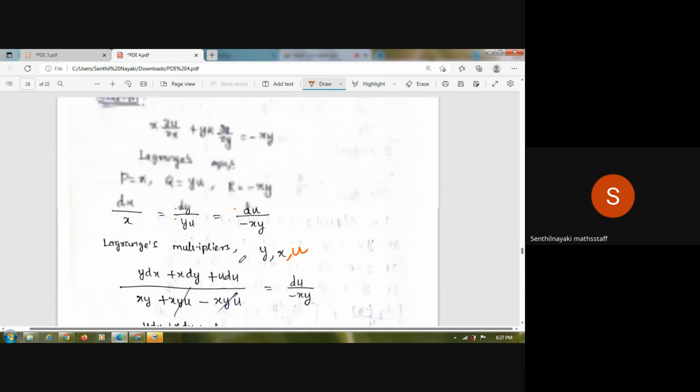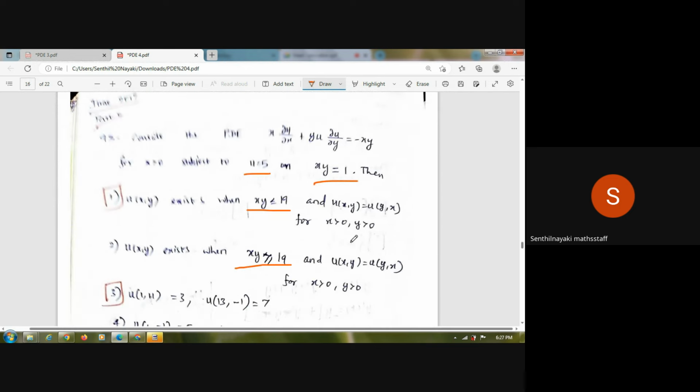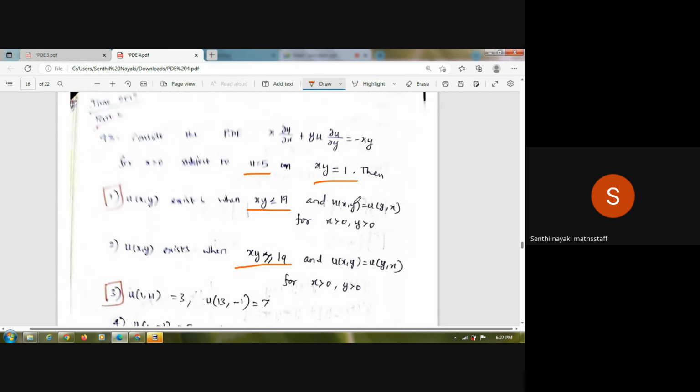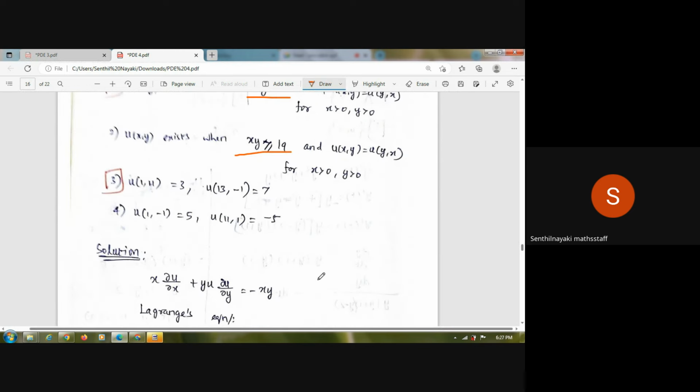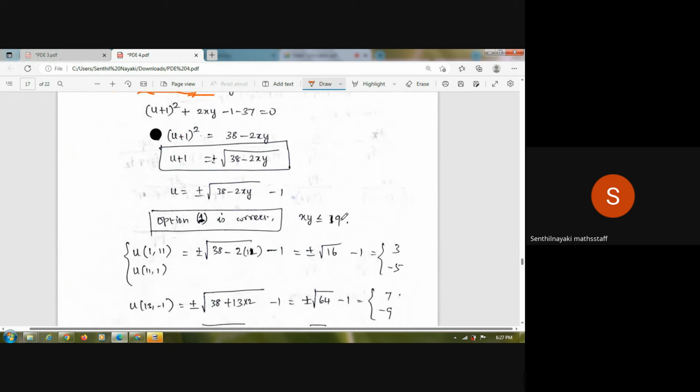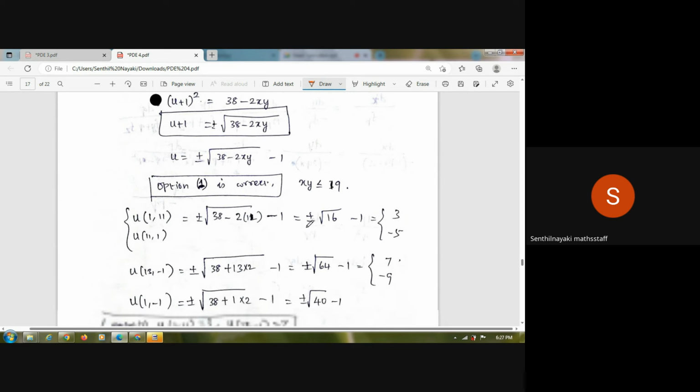But here we are considering only real values, x greater than 0, y greater than 0. Therefore, if we take xy greater than or equal to 19, this term becomes negative and complex terms will exist. Therefore, option 1 is correct because xy less than or equal to 19 is correct.